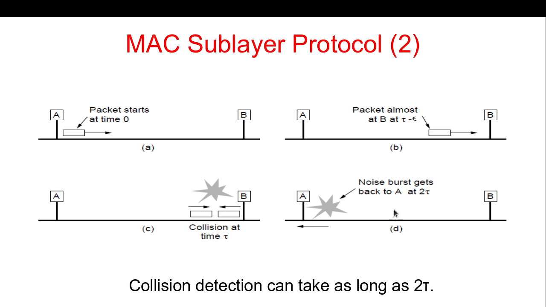That means the frame required a time of tau to reach near about B, and when the collision occurred, the noise burst took once again a time of tau to reach back to A. So in all, A will come to know of the collision at about time 2 tau.